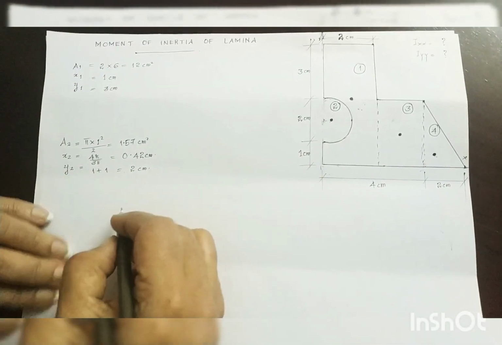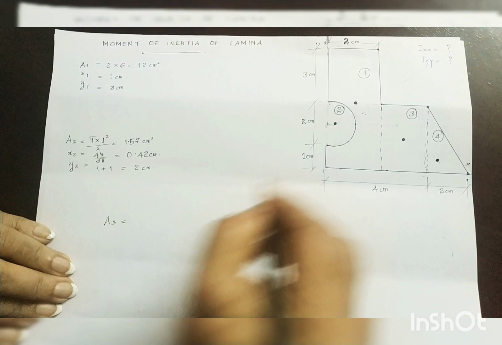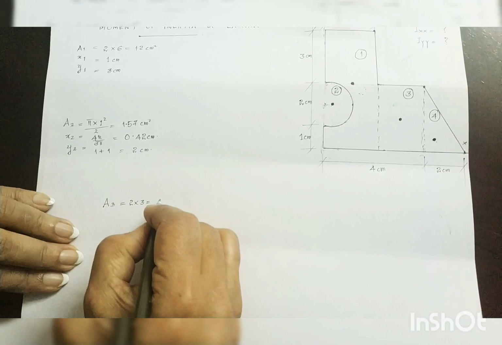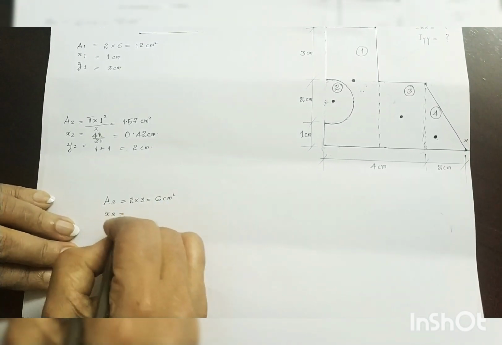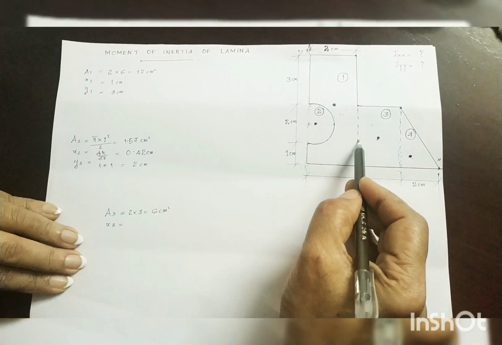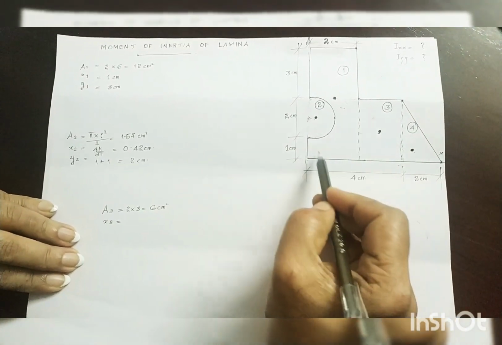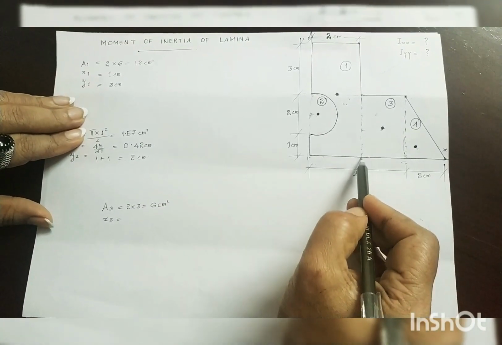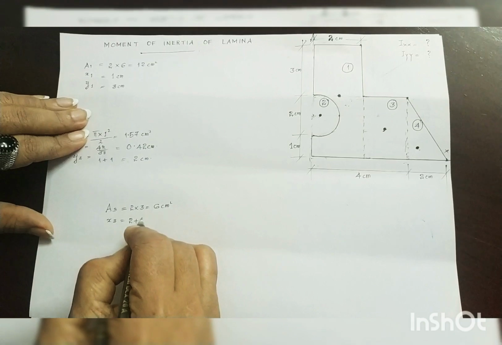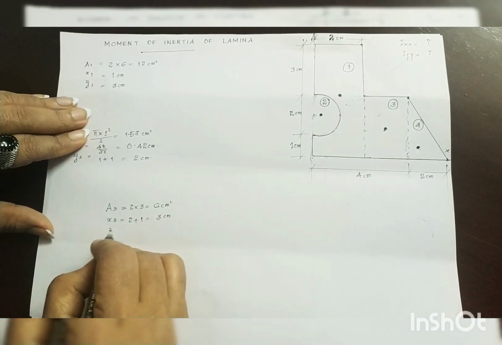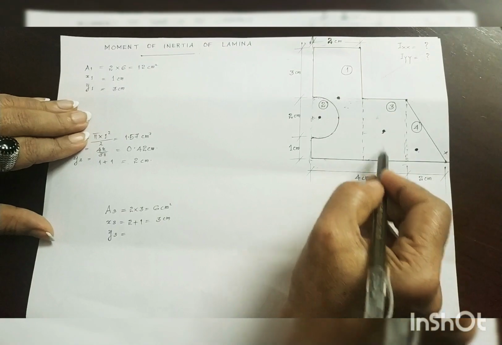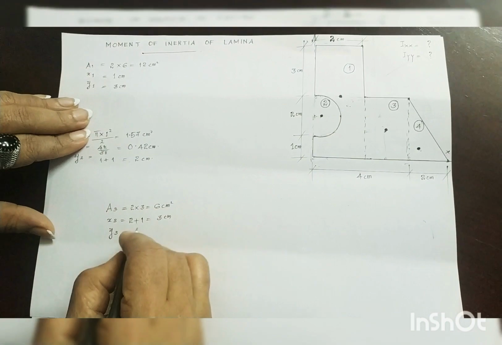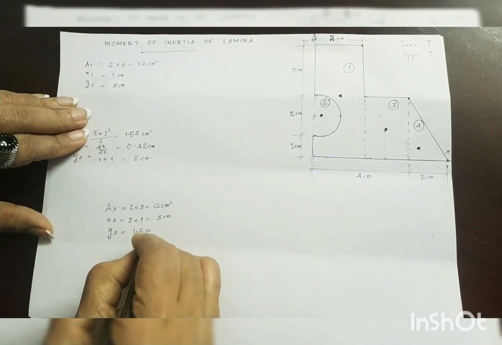Similarly, we can find A3 and A4. A3 is, this is 2, this is 3, 2 by 3, 6 square centimeters. x3 is how much? This is 2 and this is 1 centimeter. So the distance from the leftmost axis to the centroid is 2 plus 1, equal to 3 centimeters, and y3 is the distance from the bottommost axis, and the whole height is 3, so it is half of 3, 1.5 centimeters.